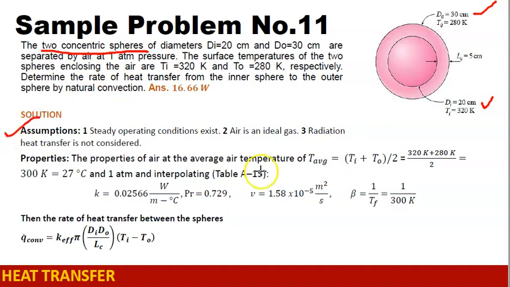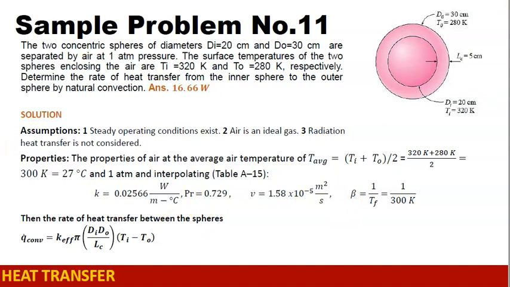For the properties, we evaluate at the average temperature between the inner and the outer spheres, so that's why we have 27 degrees Celsius. Interpolating from Table A-15 at 27 degrees Celsius, we obtain the thermal conductivity, Prandtl number, kinematic viscosity, and volumetric coefficient of expansion.